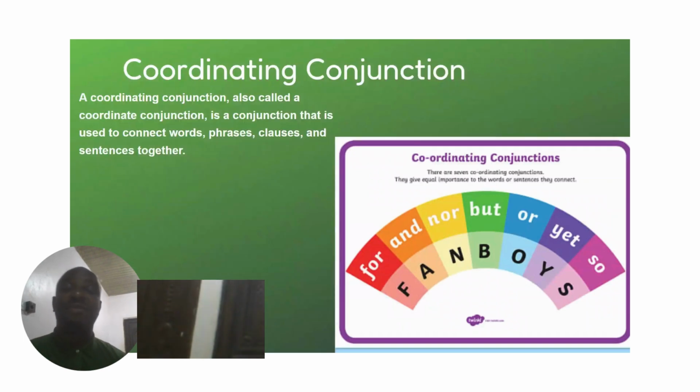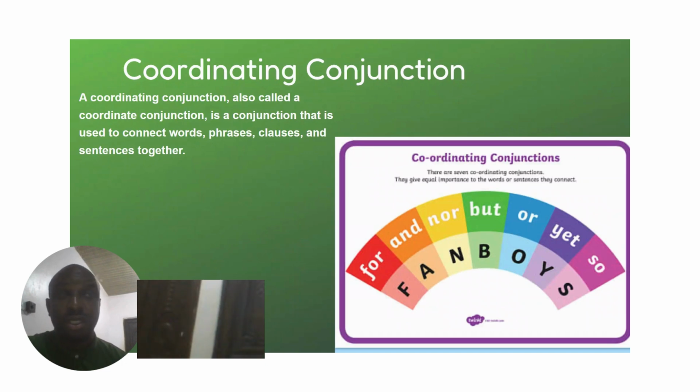Then we have conjunctions in three main forms. We have the coordinating conjunction, which is used to join words, clauses, sentences, and phrases of equal proportion.